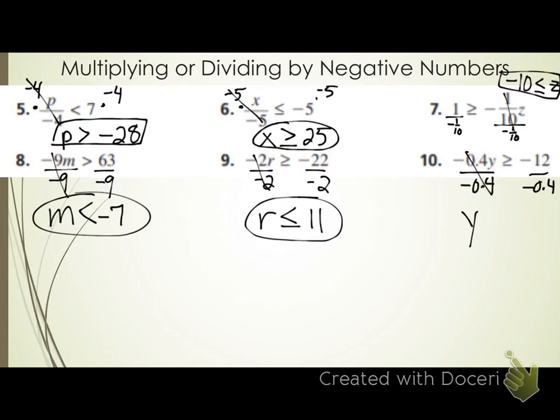It'd be a positive. Positive 30. Is that what everyone's getting? Symbol flip or stay? Flip. Questions on 10?